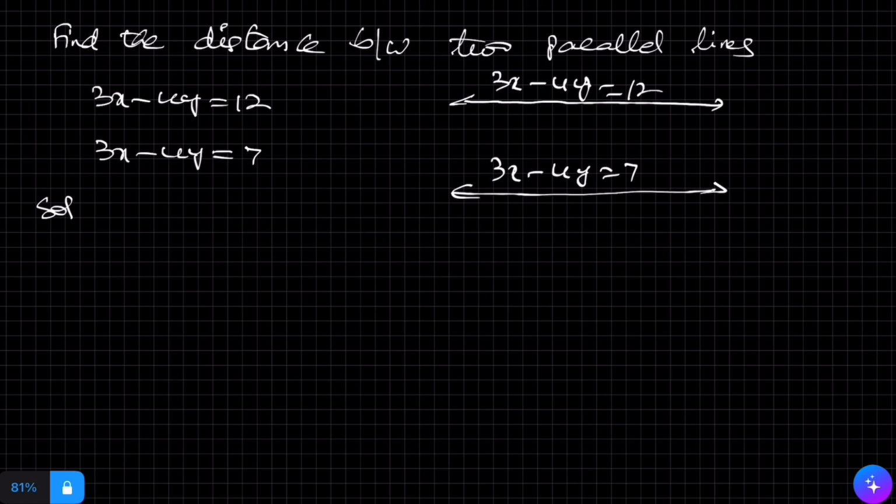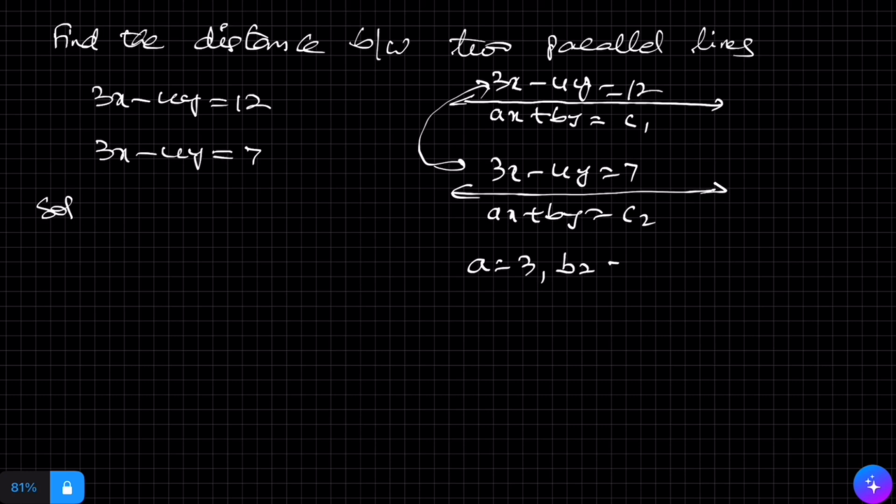Now let us compare this with ax plus by equal to c1, and the second equation with ax plus by equal to c2. Now when I compare these two straight lines, we found the value of a equal to 3, and the value of b is minus 4, and c1 is the constant in the first equation, 12, and c2 is the constant in the second equation, 7.